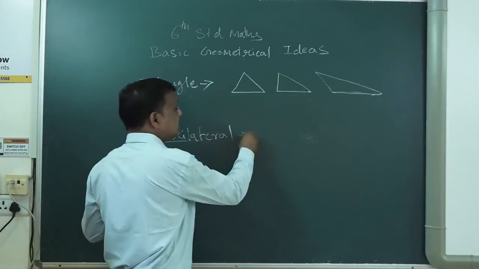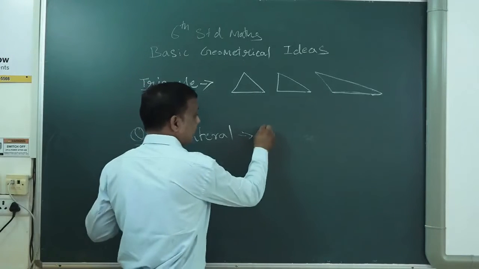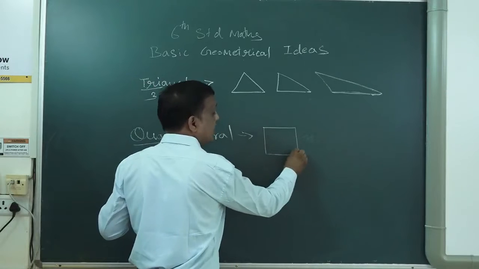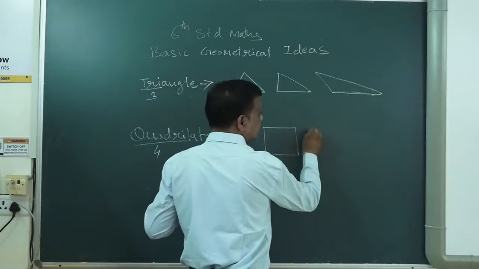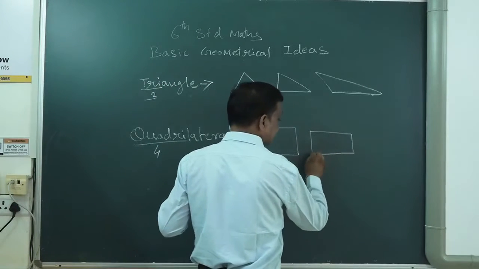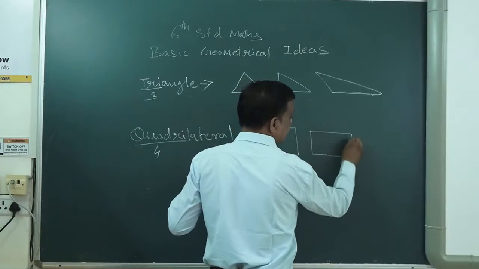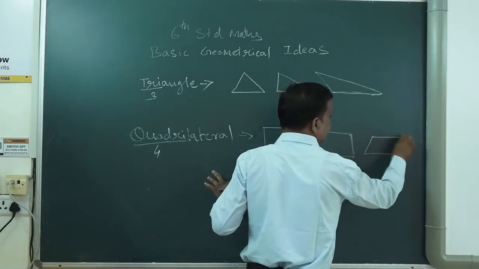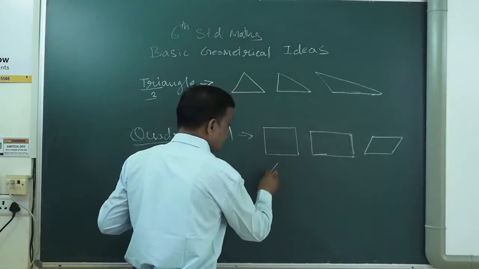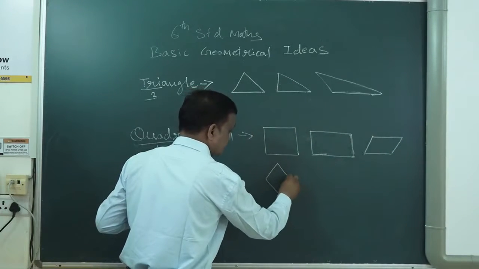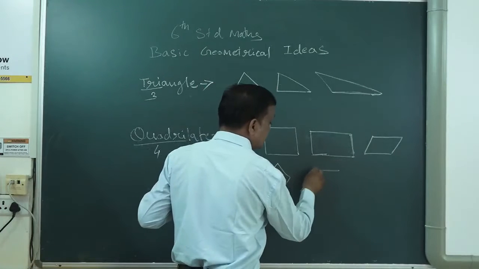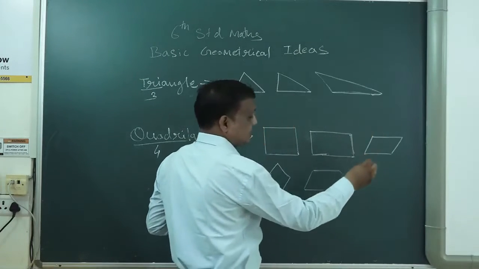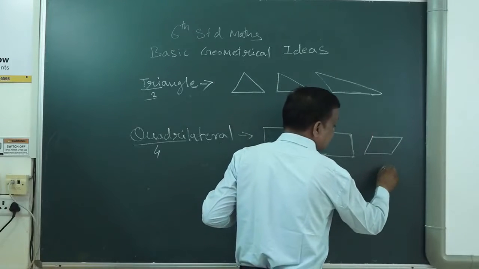Now which figures are called quadrilaterals? Square, where all sides are equal, is a quadrilateral made by 4 line segments. The second one is a rectangle. The next one is a parallelogram. The next one is a rhombus. The next one is a trapezium. The next one is a kite, etc.